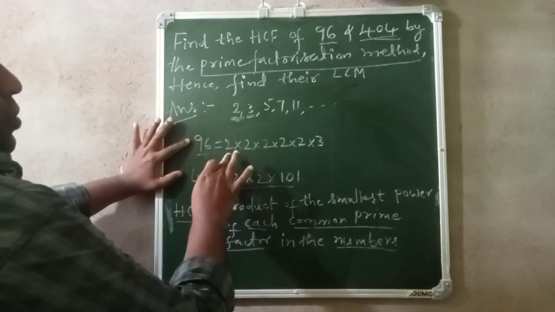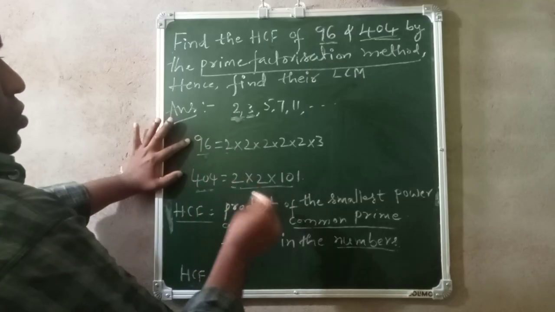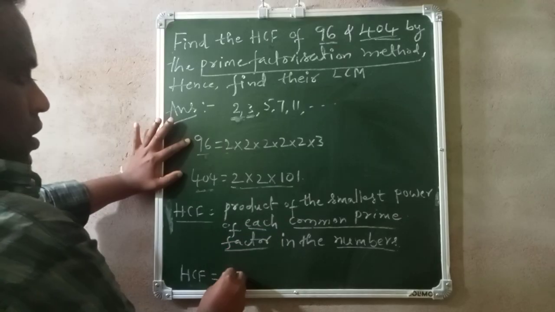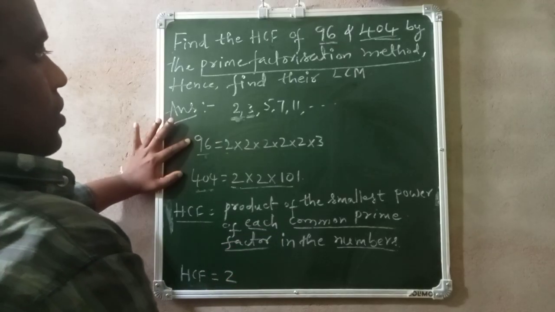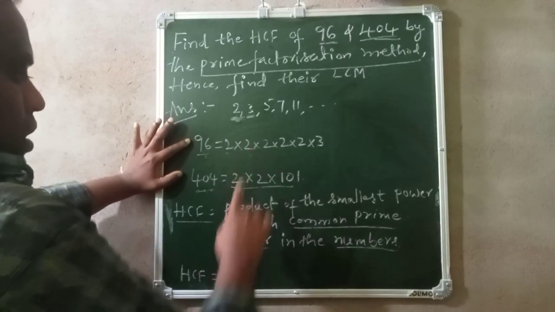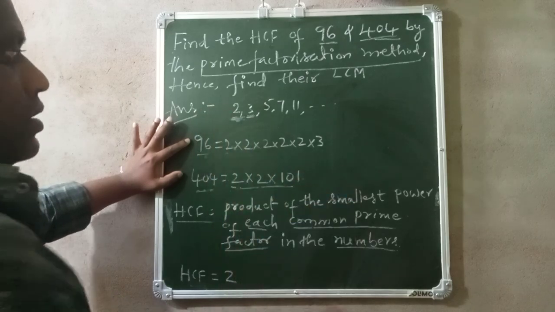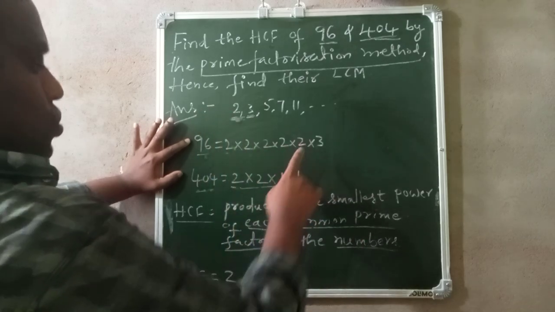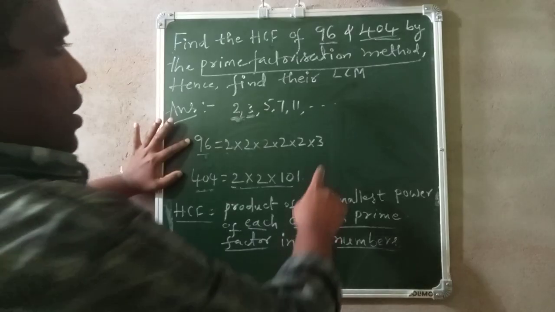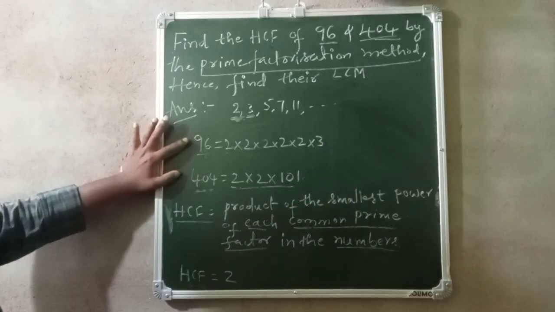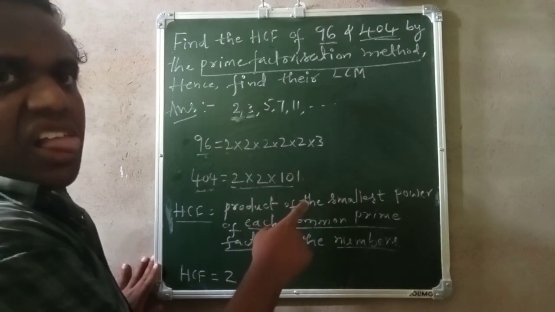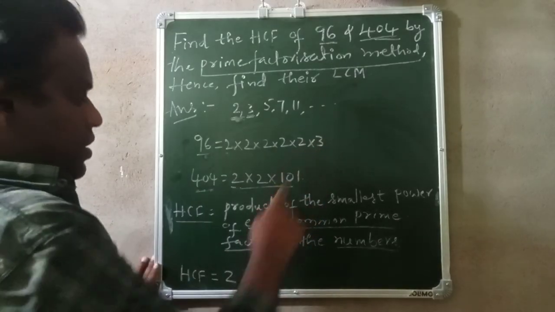So first we check 2 is here, 2 is here also. So 2 is common here and here. So write here 2. Next check 2. 2 is already taken. Only once you have to take. Next 2 is there already. Next 2, we have already taken. Next 3, you take? No. 3 is here, but here no 3. So you should not take it.